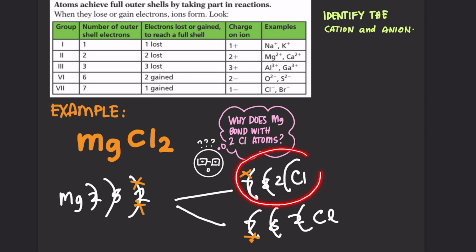Each chlorine atom has gained 1 more electron, so there's 1 extra electron than protons. That's why it's an anion with a charge of 1 negative. So if we look at this, you will have magnesium, which is 2 plus, and chlorine times 2 gives you 2 negative. So the overall charge will still be 0.